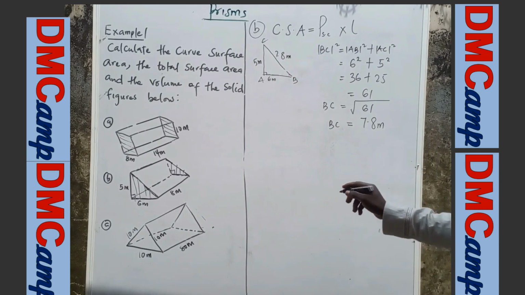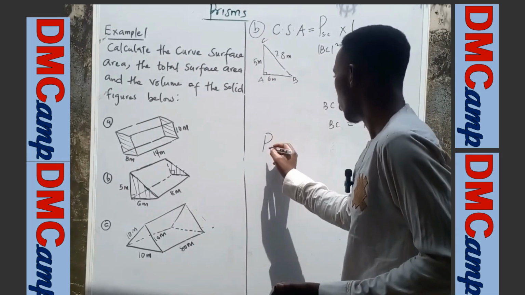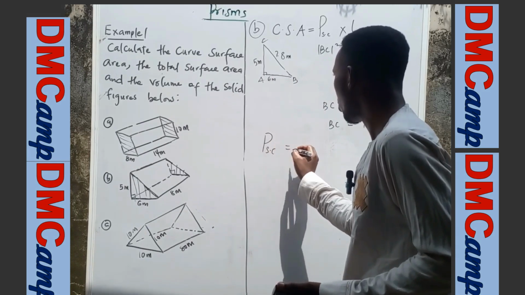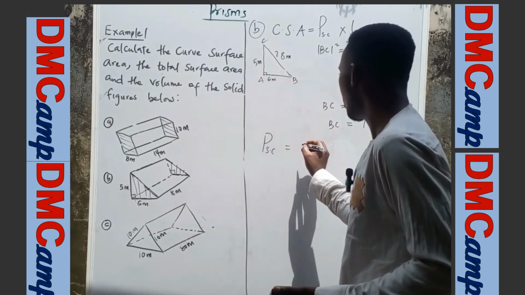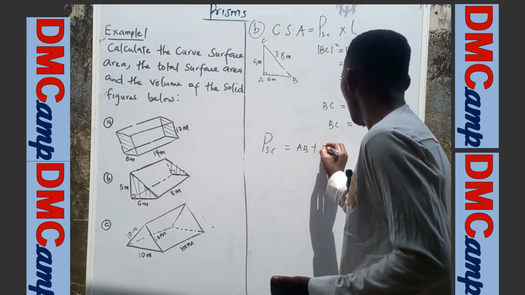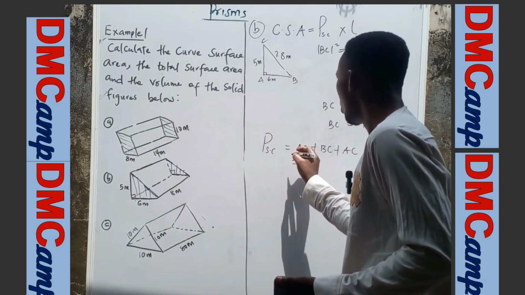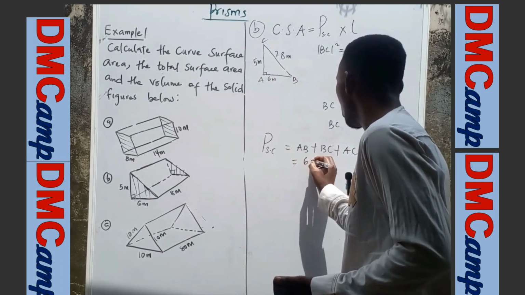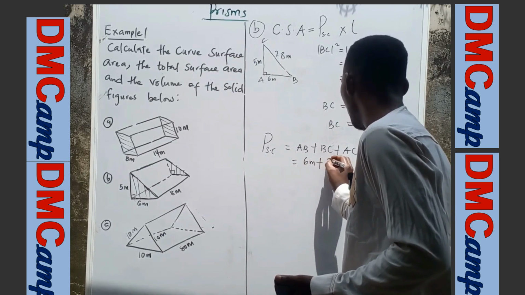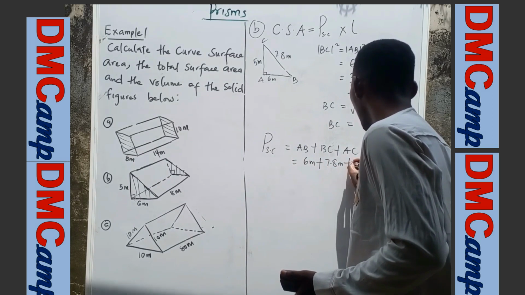So to get the perimeter, the perimeter of this right angle triangle is going to give us the length AB plus BC then plus AC. So this will give us 6 meter plus 7.8 meter plus 5 meter.